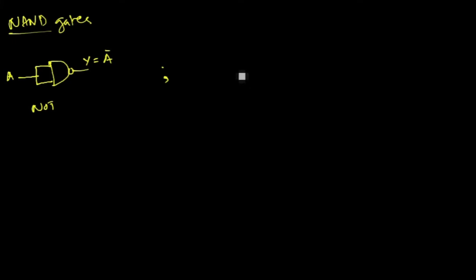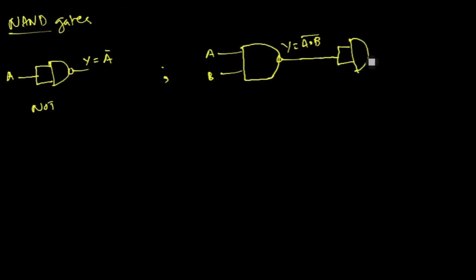Now consider a NAND gate with two inputs A and B. The output will be (A and B) complement, then it is given to another NAND gate with shorted inputs.